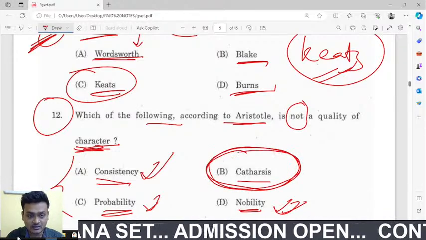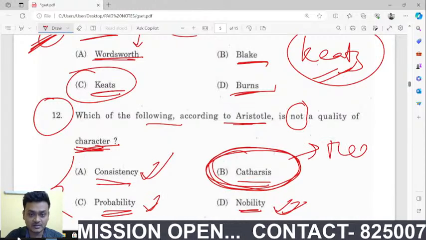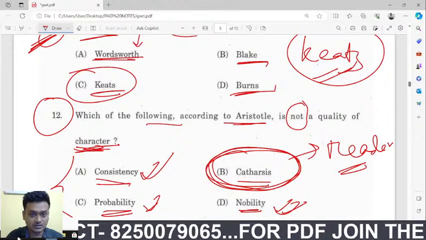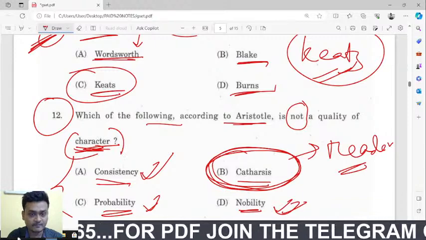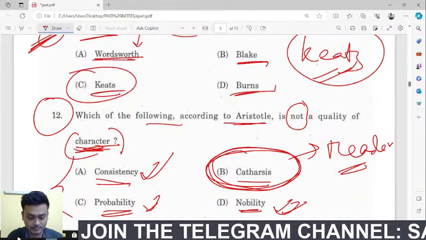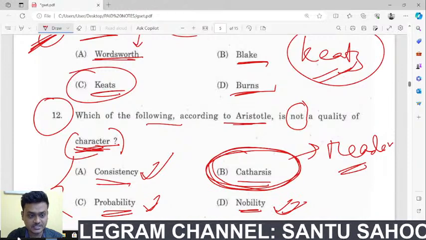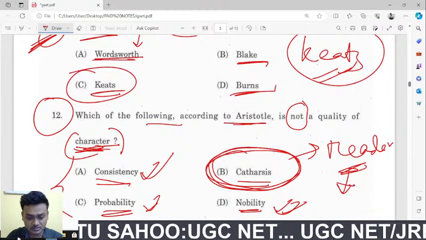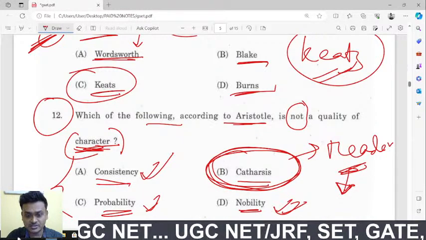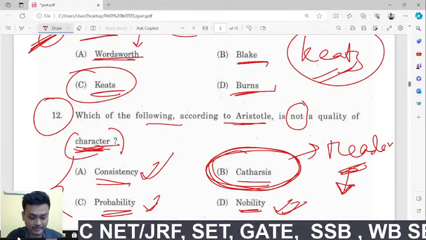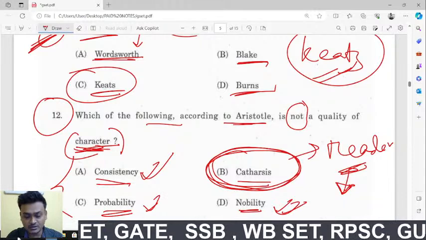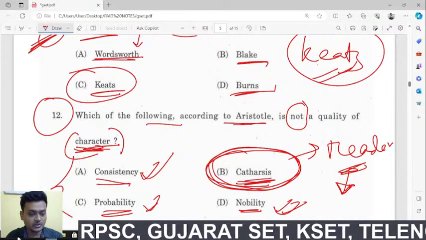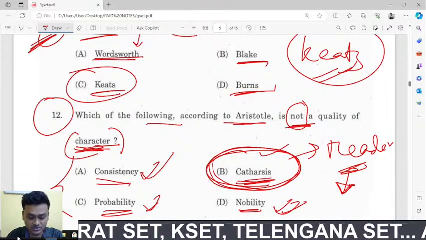Catharsis is related to the reader, the purgation of emotions. It is a quality of the reader, who purges emotion after watching theater or reading any tense episode. So catharsis here is not a quality of the character.